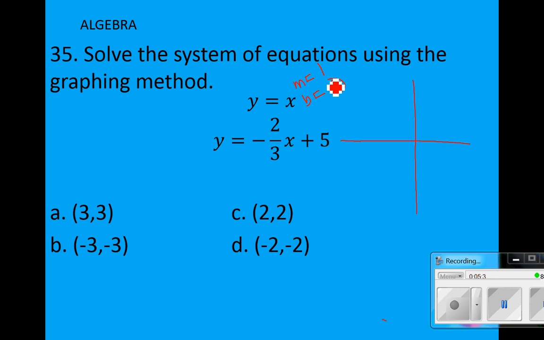So I'm going to start at 0, and I'm going to go up and over 1. Up and over 1. Up and over 1. Down and over 1. Same thing. For this one, m equals negative 2 over 3. b equals 5. 1, 2, 3, 4, 5.